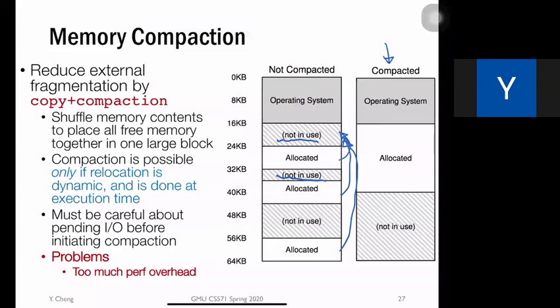You basically compact all the used memory chunks into one single contiguous piece, and collect all those spread small memory holes to make a huge space.